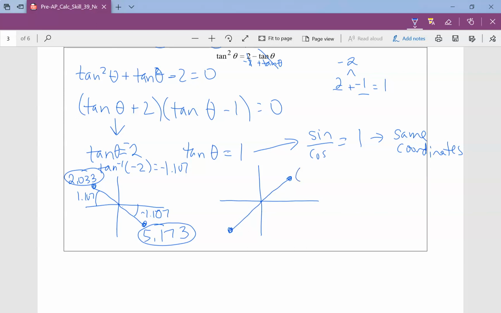And it happens at the radical 2 over 2's, or when they're both negatives. Okay, so this is pi fourths, and this one is 5 pi fourths. Okay, so those are going to be our solutions for that problem.